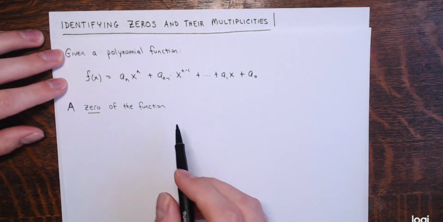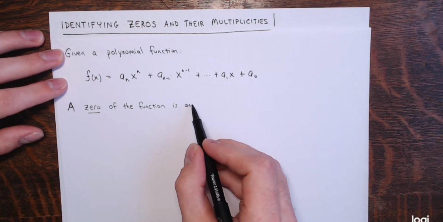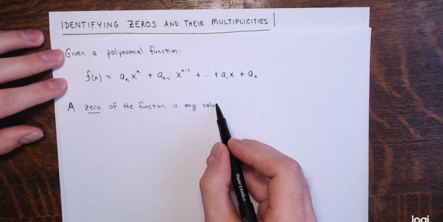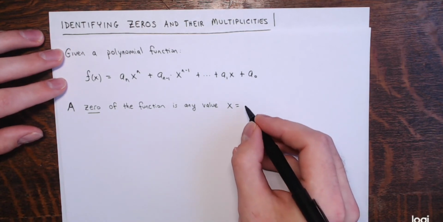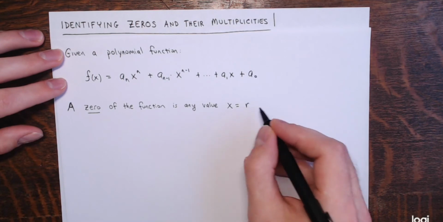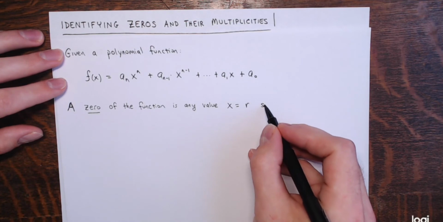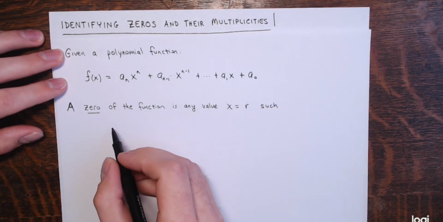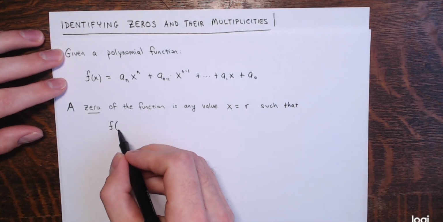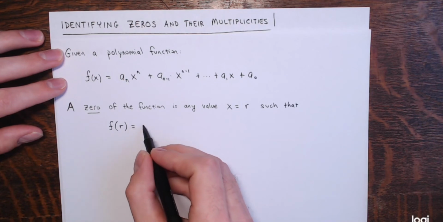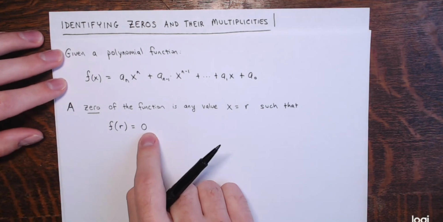But another way to put that, a zero of the function is any value x equals, let's just say r for root, right, root, zero, x-intercept, all the same meaning, such that f of r equals 0. Basically any number that you can plug into the function and get 0 back, thus the name zero of the function.